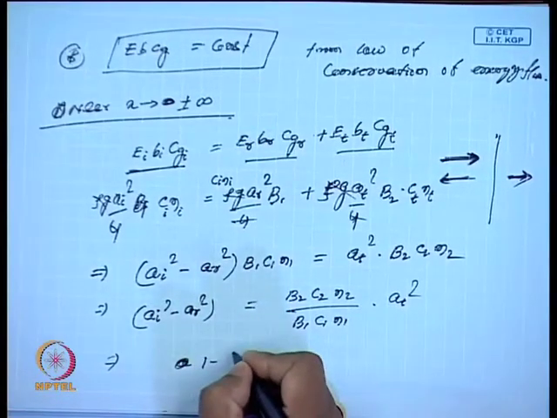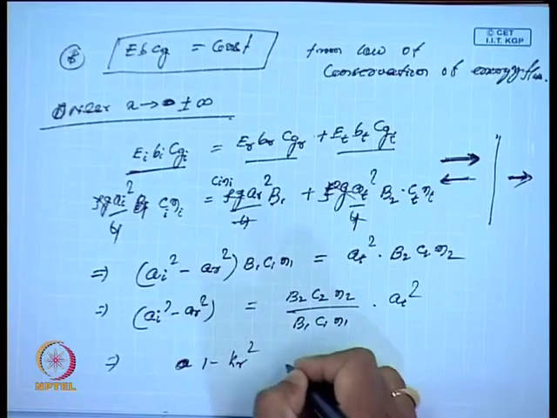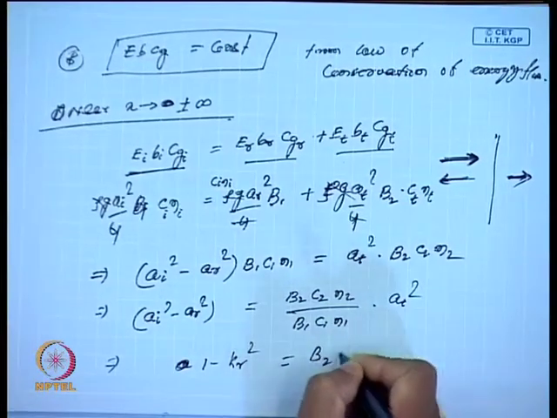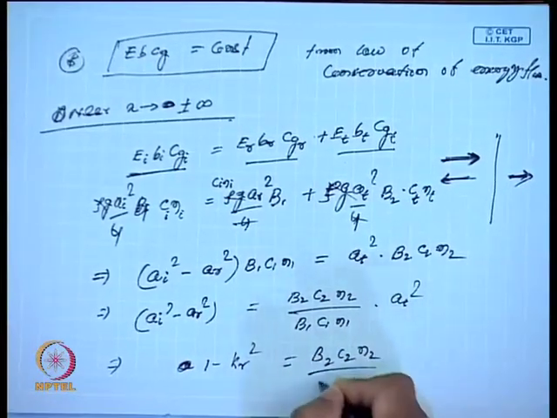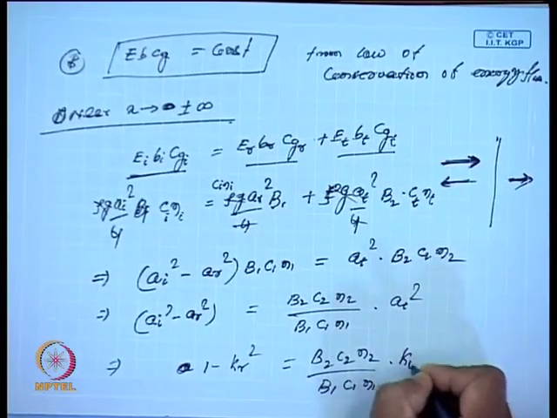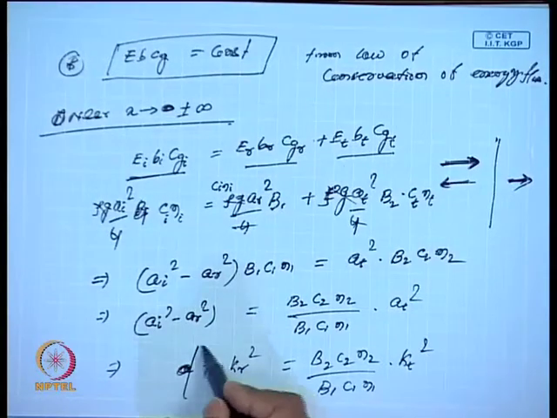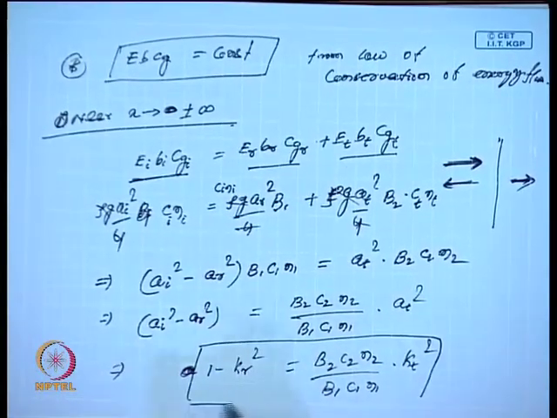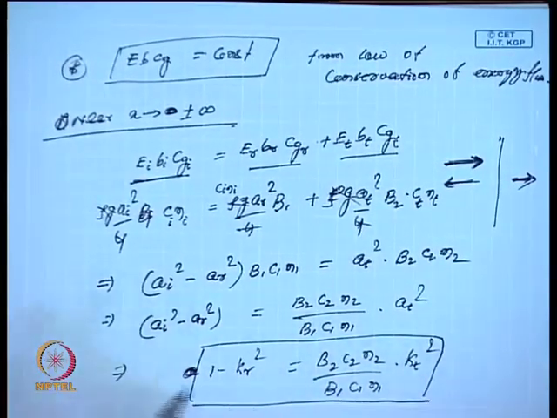If I call it 1 minus K_R square, that will be B_2 C_2 n_2 by B_1 C_1 n_1 into K_T square. So this becomes the most general form of the energy relation when there is a change in the apparatus.